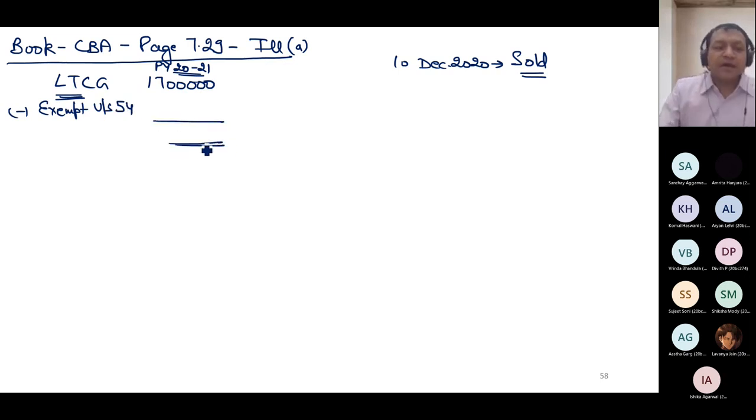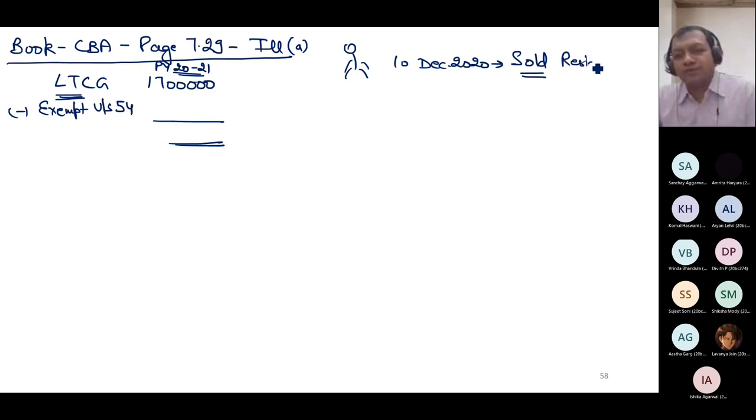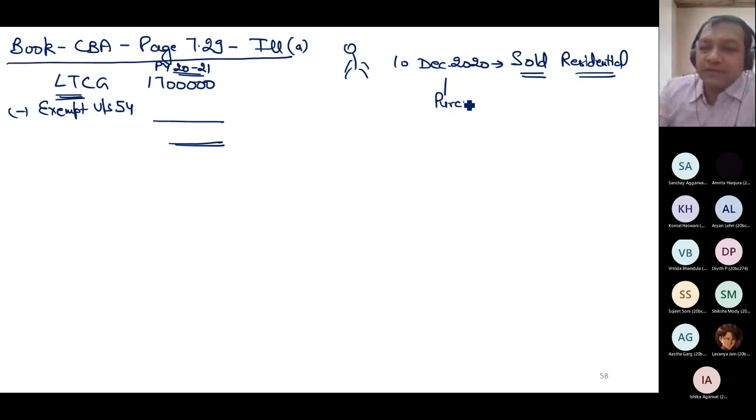I am an individual. I have transferred a residential house which is long term. So if I want to exempt 17 lakh, do you know what I should do? I should purchase within these dates. Can you tell me those dates?